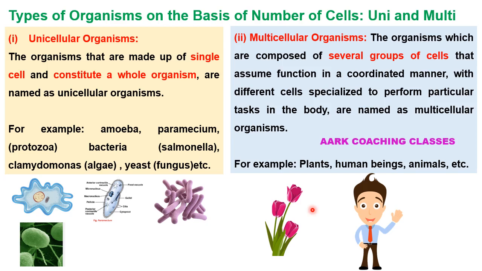Okay, they are working in a coordinated manner. And how are they made? They are made from several tissues, and these tissues are in turn made up of cells, right? So cell is a basic structural and functional unit of life, let it be in multicellular organisms or unicellular organisms. In case of unicellular organisms, all these functions of organs and organ systems are performed inside a single cell only, right? Okay.